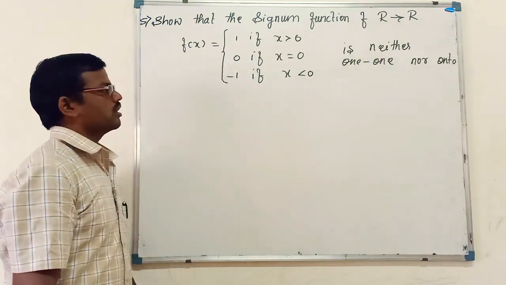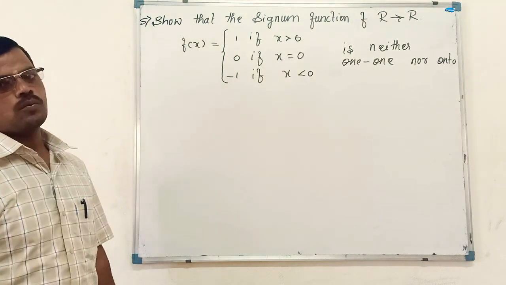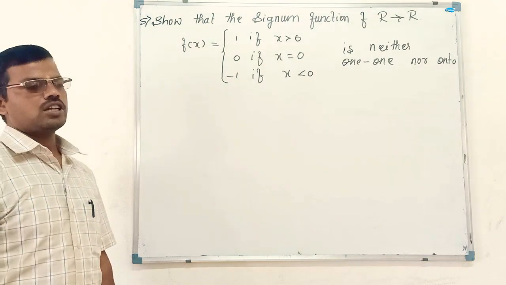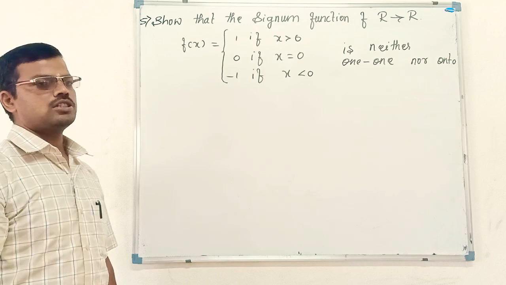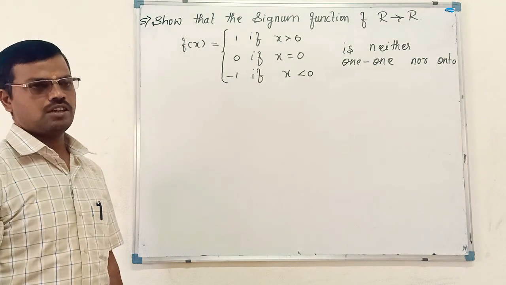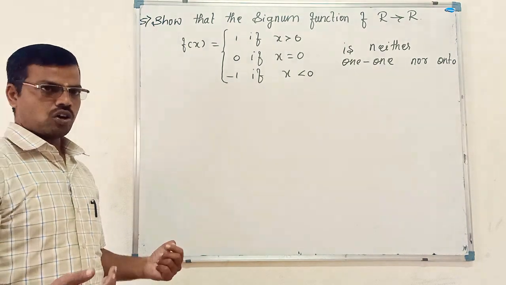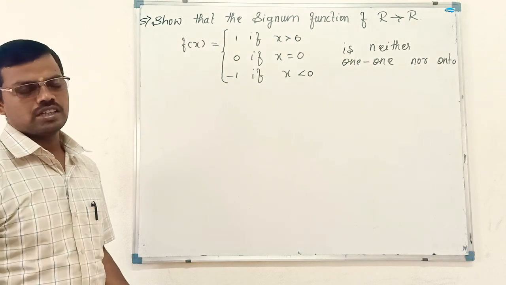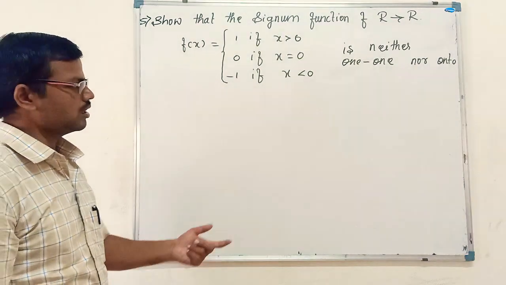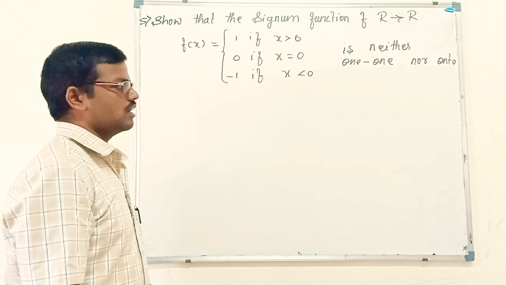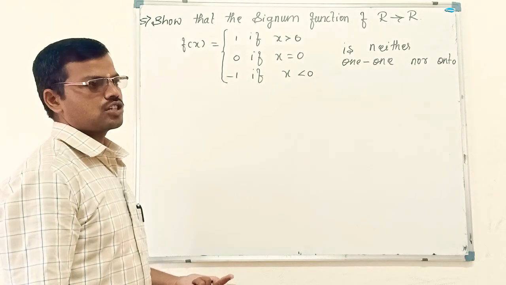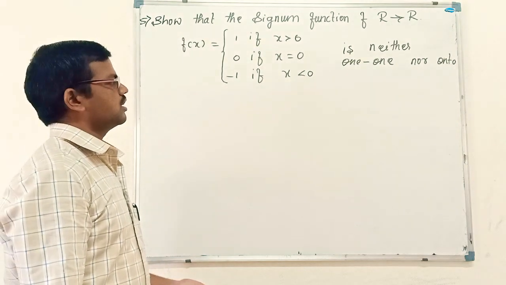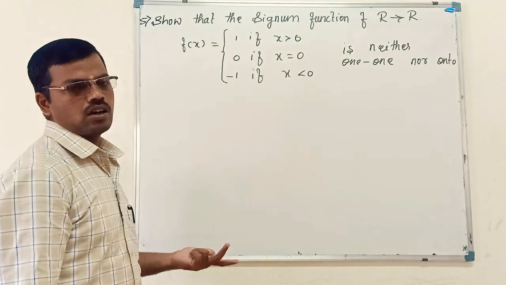We already know that 1-1 means different elements have different images. If different elements get the same image, then we do not call it 1-1. Next, for onto we use the range. If the range of the function is equal to the codomain, we say the function is onto.